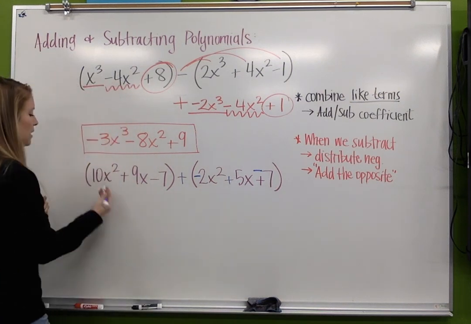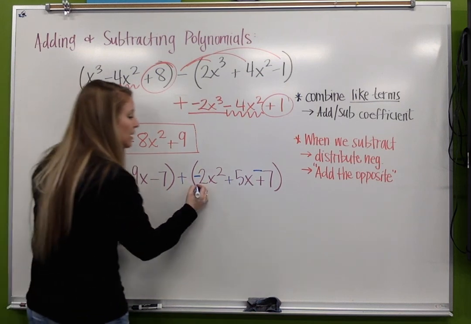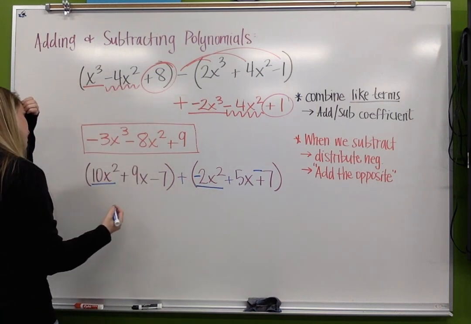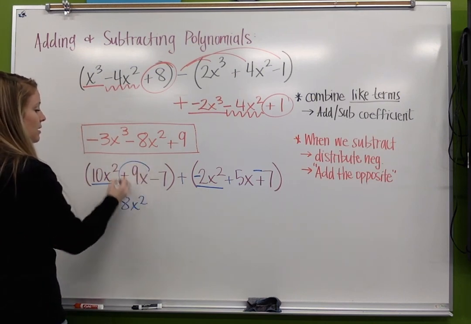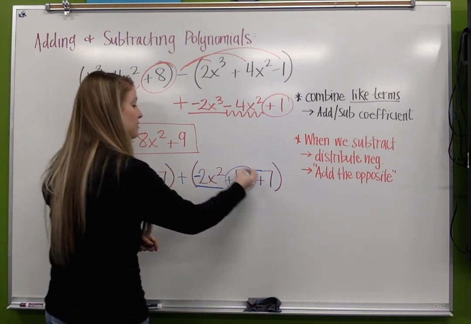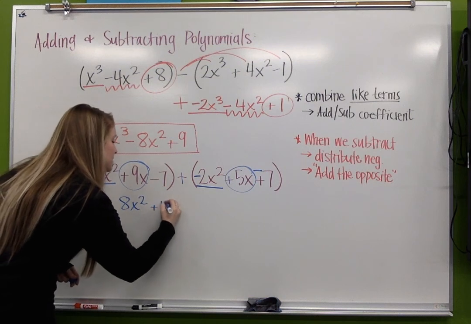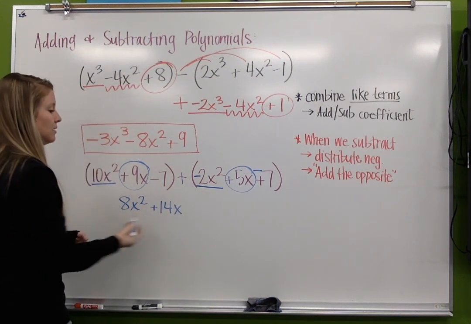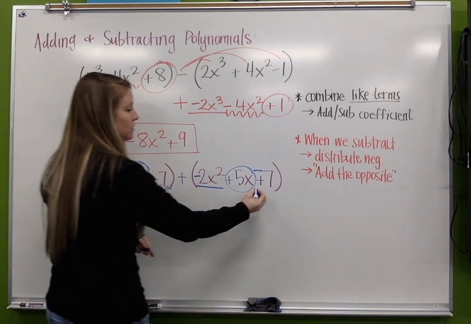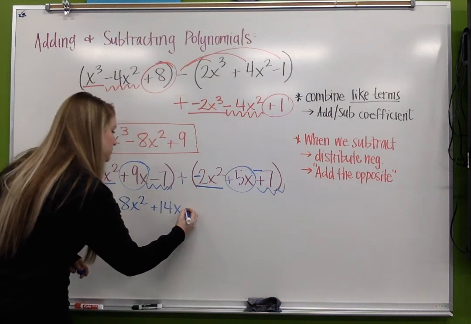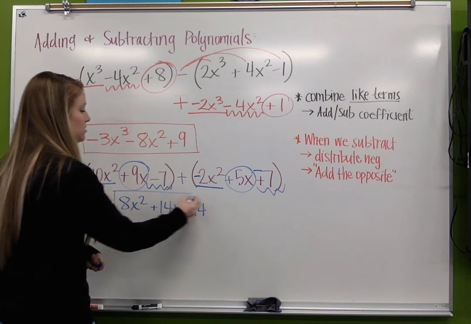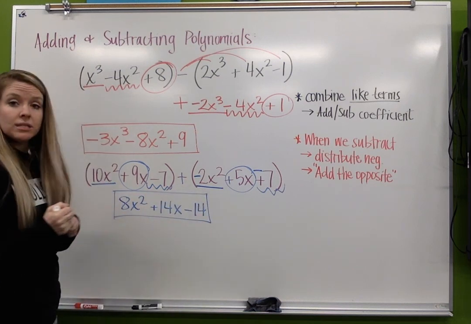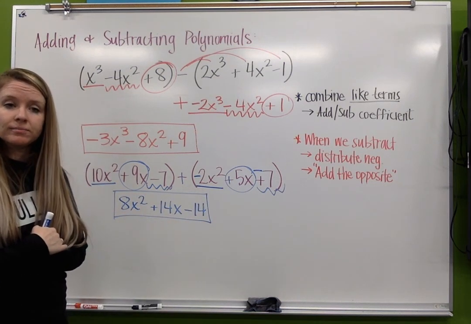Okay. 10x squared and a negative 2x squared, so that's 8x squared. 9x and positive 5x, that's a 14x. And then negative 7 and negative 7 gives me a negative 14. And there's my resulting polynomial.